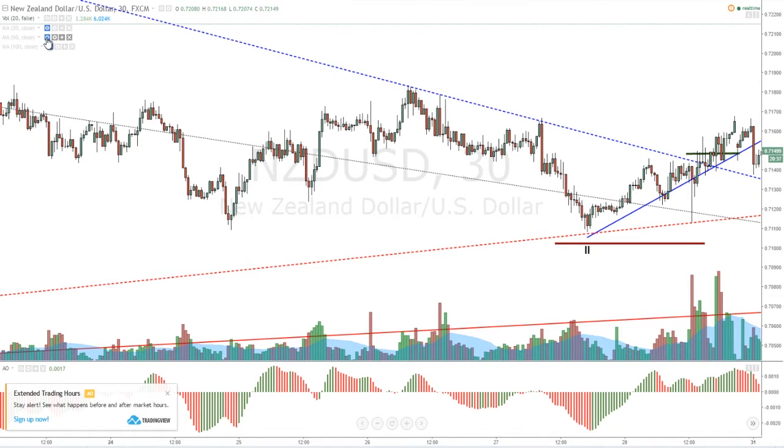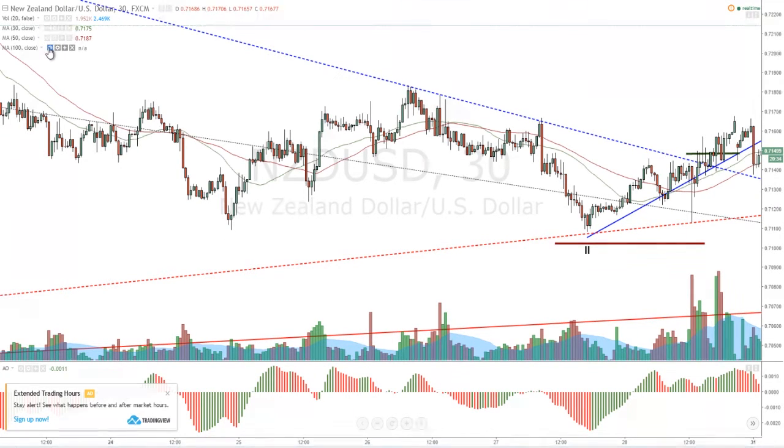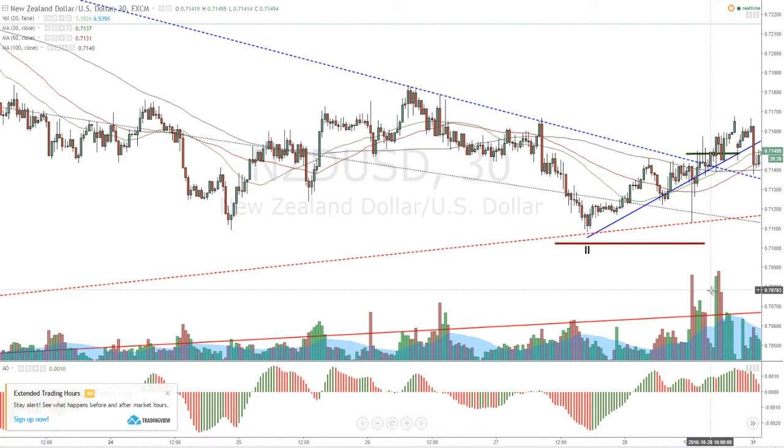How about if we were to use moving averages? Moving averages, you guys have to test the ones that fit your trading strategy better.